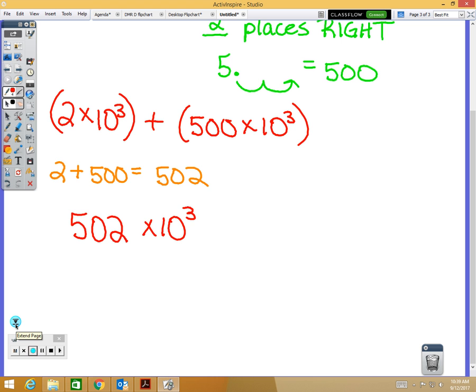Because right now, this decimal is after the 2, and I need the decimal between the 5 and the 0, don't I? So how many places would I need to move it in order to make that happen? So 2 left means I'm going to add 2 back to that exponent. So it'll give me 5.02 times 10 to the 5th power.